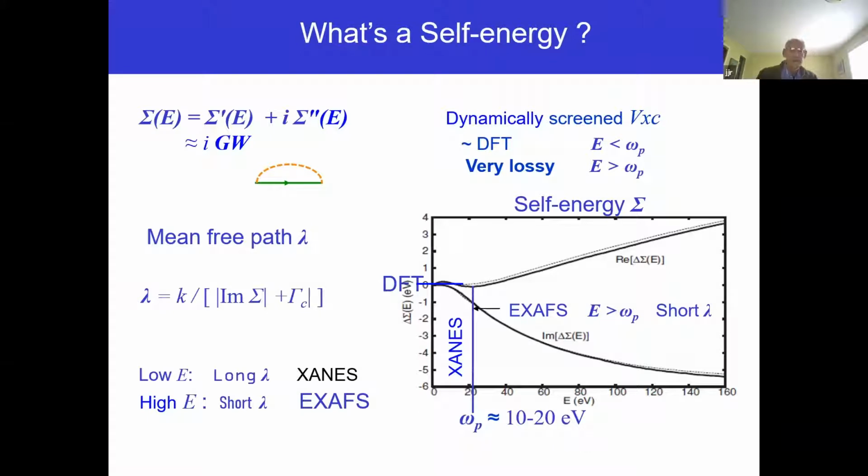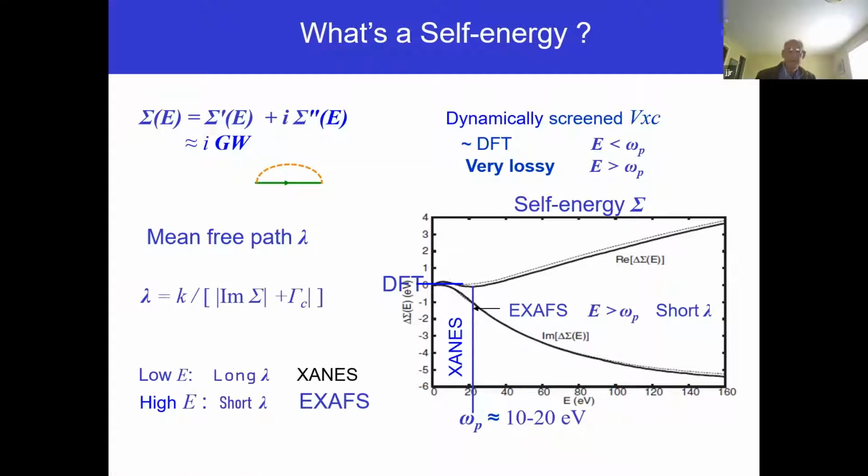So at low energy, you can treat this so-called, now my mouse is gone, there it is. At low energies, you have a long mean free path. That's called X-ray absorption near edge structure. At high energies, the mean free path is short, and you have EXAFS. And the crossover is at the sort of excitation energy for the material.